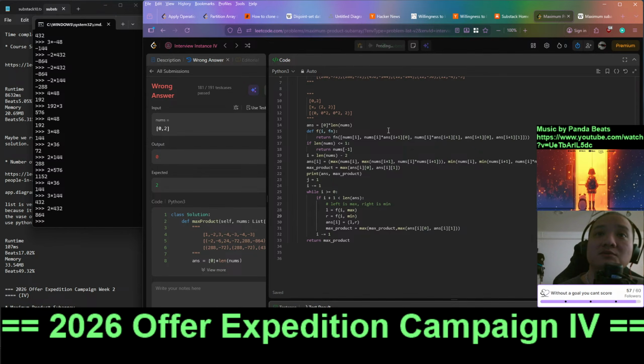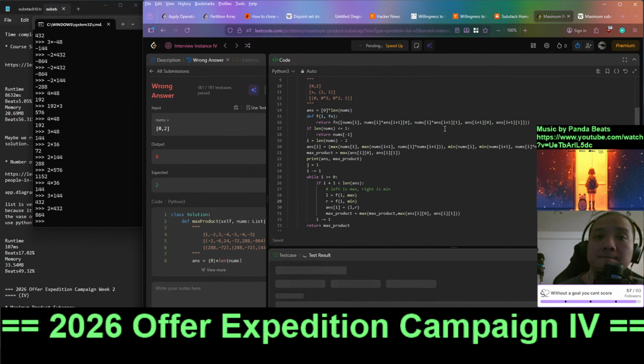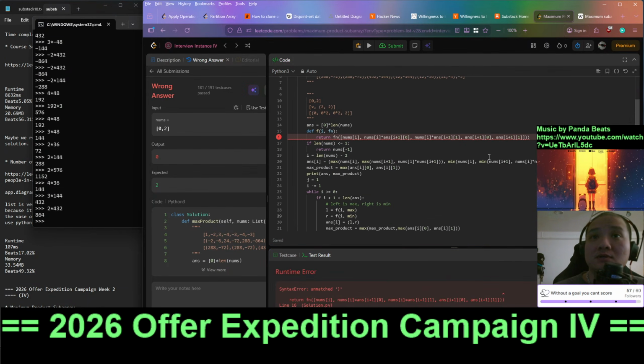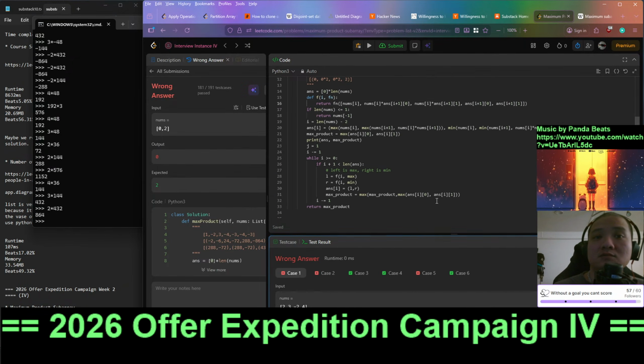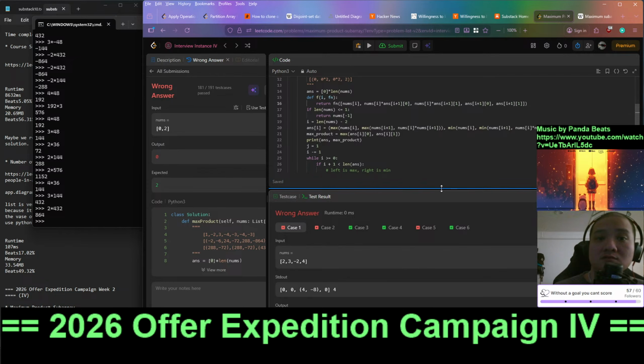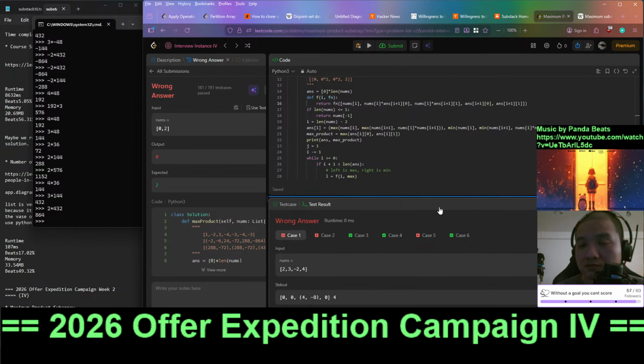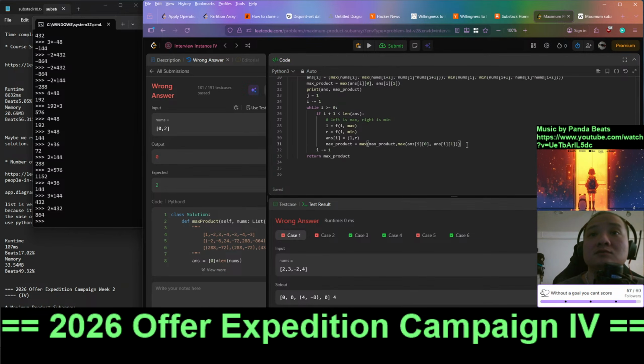Let's see if this works. What? Oh. Does it close here? Yeah. Okay, still wrong. Okay, so let's do some printing. Oh.